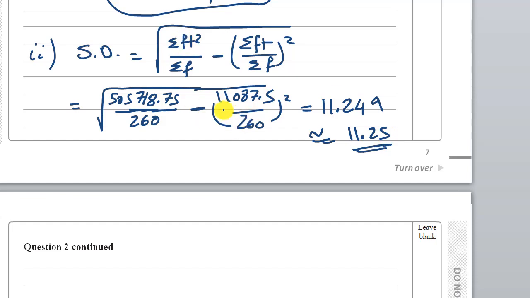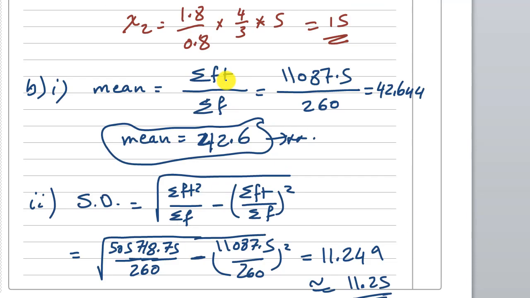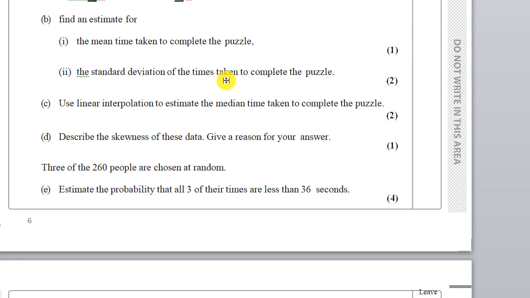Okay, this is our standard deviation. Let us go ahead to another question.